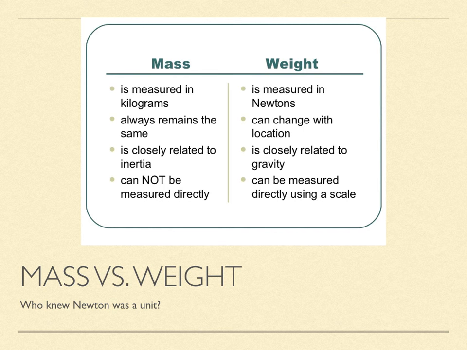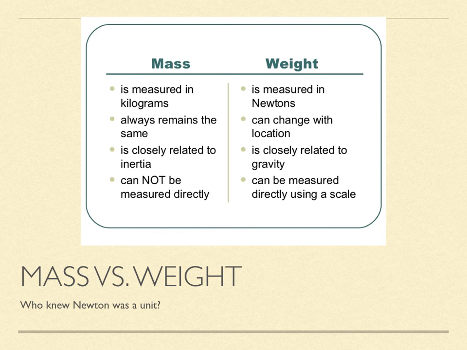Mass and weight are used almost interchangeably here on Earth. When we say things like, how much does something weigh, we can say it weighs 10 kilograms. But in reality, what we're using the word weight for, we're really talking about something's mass. And remember that your mass is the culmination of all of the atoms that make something up.